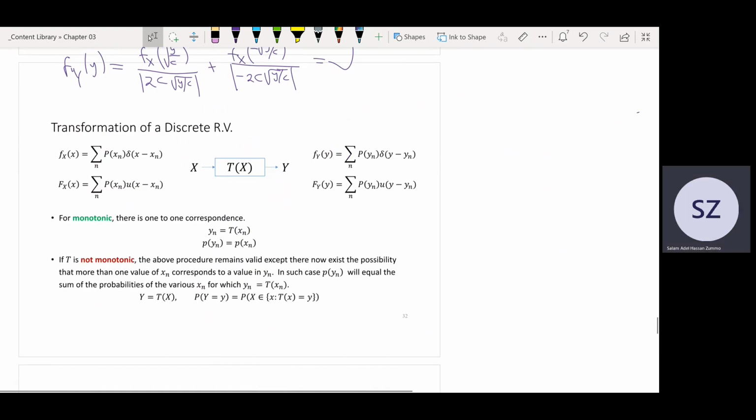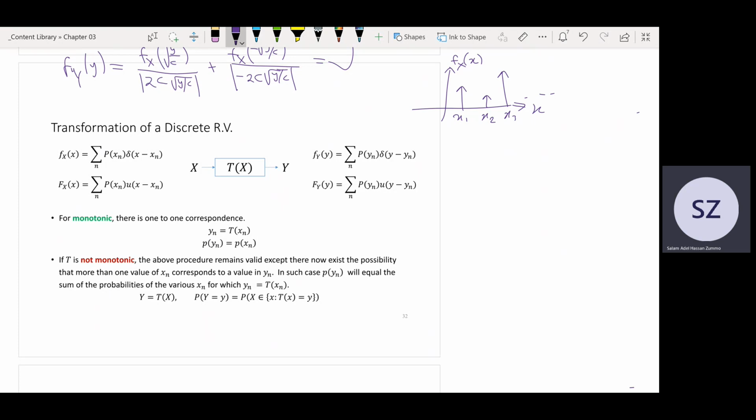For discrete, it's much easier because the PDF is a summation of deltas. A PDF or PMF in the discrete case looks like some deltas, right? So this is a typical PMF of a discrete random variable, like x1, x2, whatever, and so on.